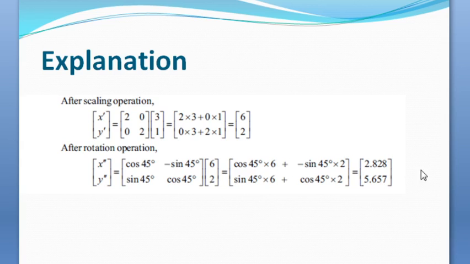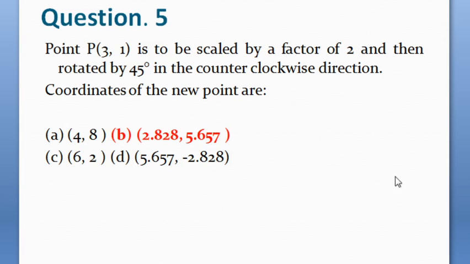This is multiplied with the rotation matrix [cos theta, minus sin theta; sin theta, cos theta]. Here theta, the 45 degree rotation angle, is given. We get the answer 2.828 and 5.657. This is the correct answer.